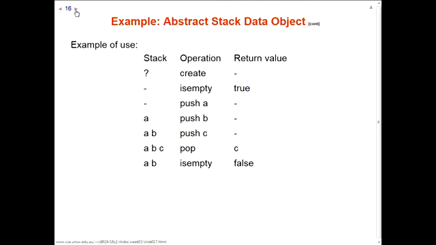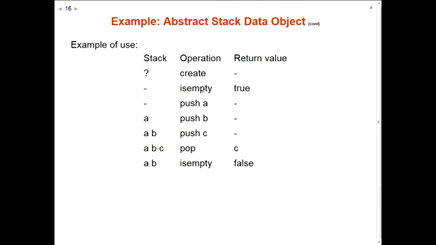Here's a simple example. Suppose we start with no stack at all. We perform an operation create. Creation itself is not a function that returns anything. It just creates the stack. The stack would be empty after it has been created. We can ask the question, is that stack empty?